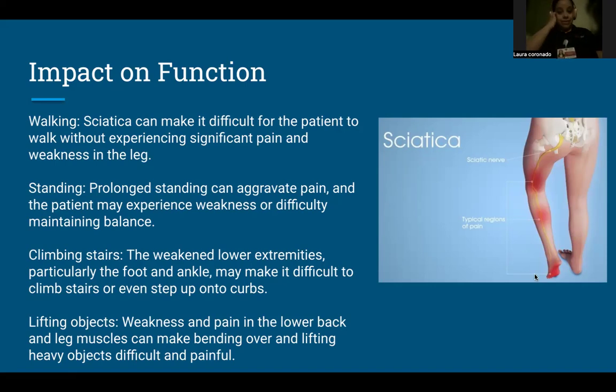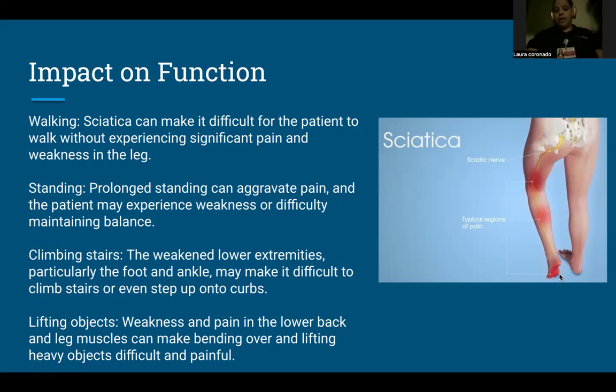If we're experiencing pain at the bottom of our foot, we're going to be aggravated no matter what we're doing, standing as well, going up the stairs.